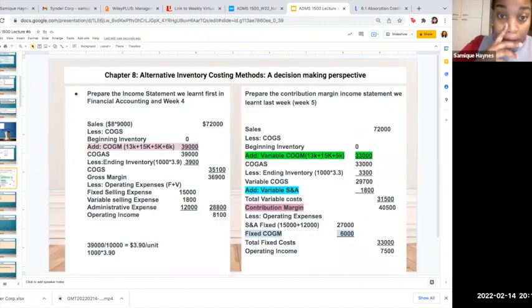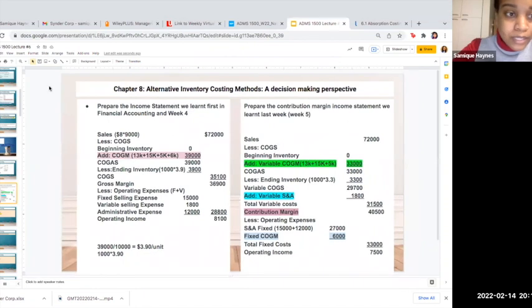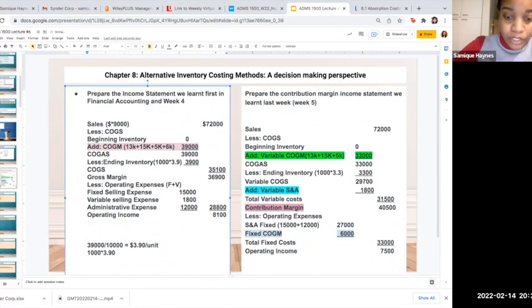Okay. So what do we get for sales? What's our sales amount? All right, so it was $90 times 10,000. Is it 10,000? No, 8,500. That's how much we sold. So 765,000.